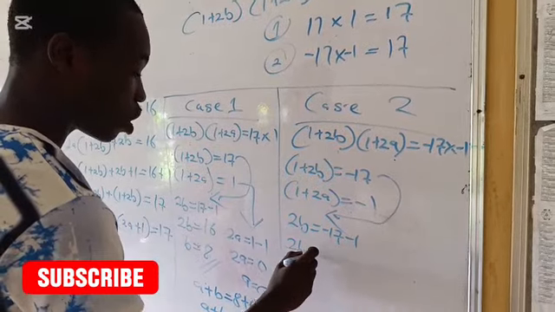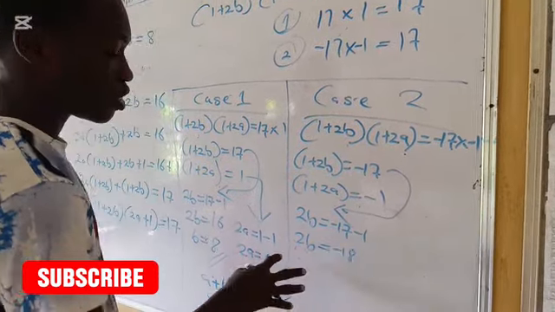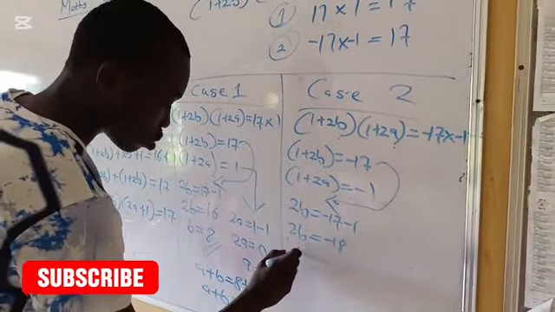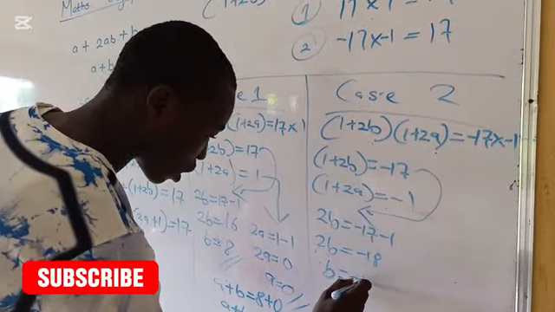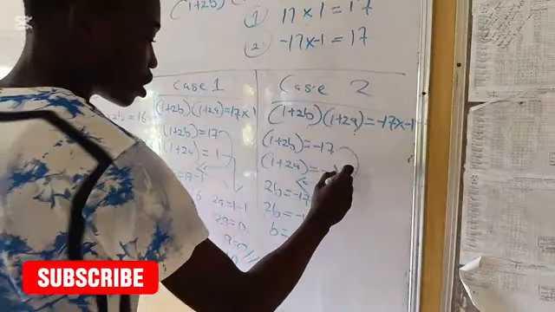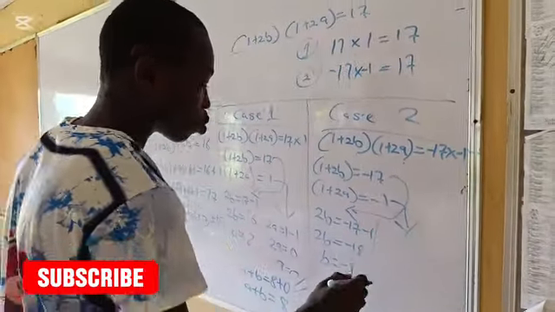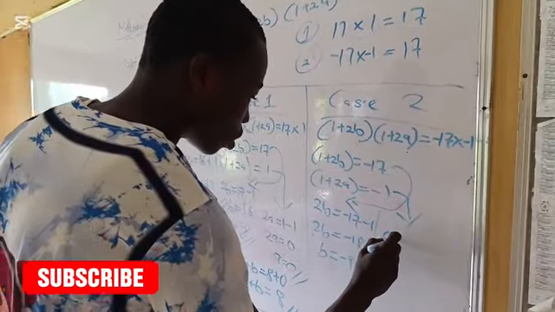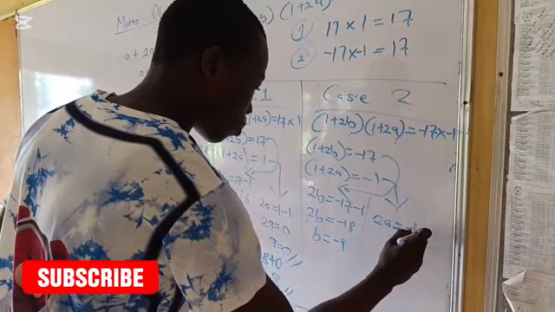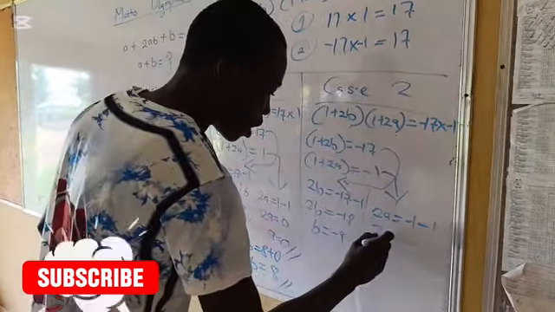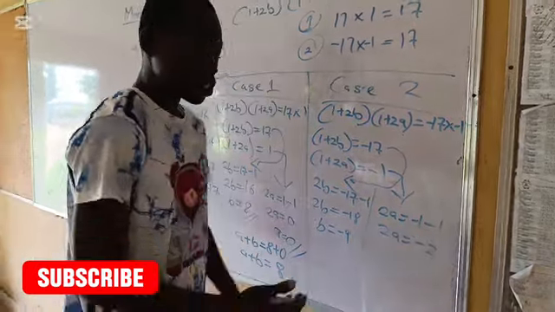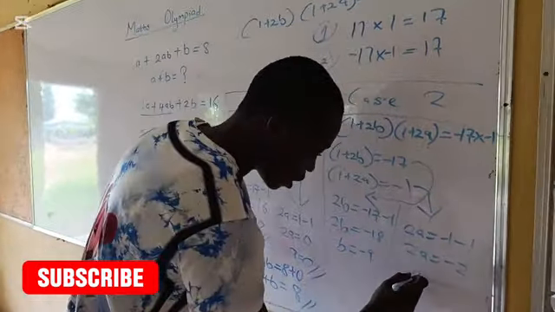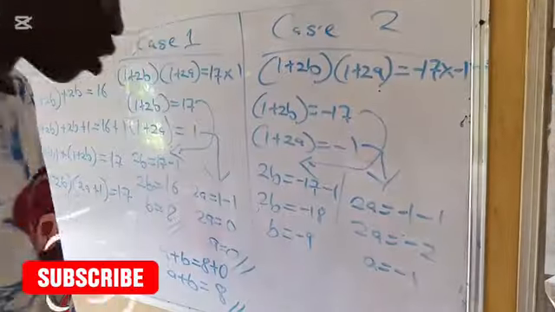That's 2b equals minus 18. Dividing both sides by 2, we are going to have b equals minus 9. Now from the second one, after collecting like terms, we are going to have 2a equals minus 1 minus 1. So we have 2a equals minus 2. Dividing by 2, we are going to have a equals minus 1.